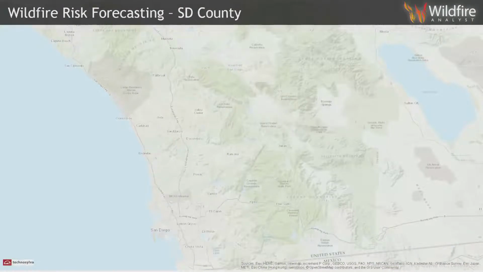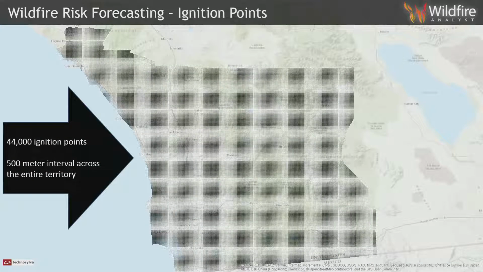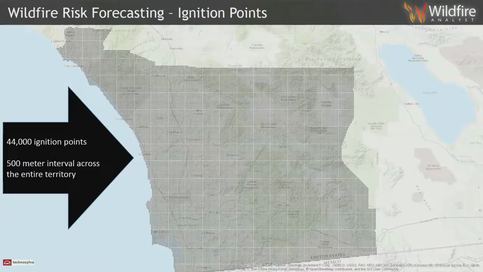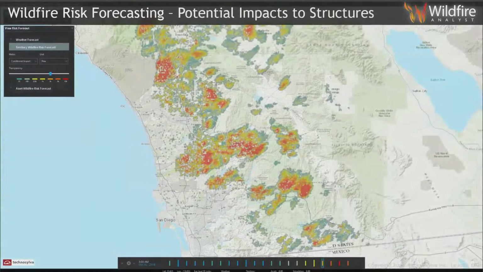So let's look at what a forecast might look like and how we do that. Let's look at the territory of SDG&E here. I don't know what the likelihood of ignition is. I don't know what the ignition source is. So let's model everywhere. Every 500 meters, we start a fire. It's about 44,000 ignition points. We do that every day. And for every time slice, again, look at the time bar at the bottom. This is one where there were Santa Ana conditions at the end of October.